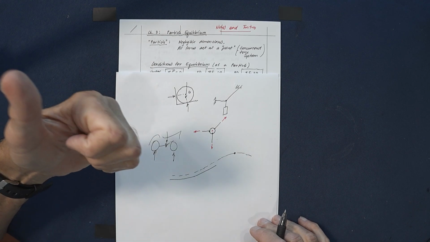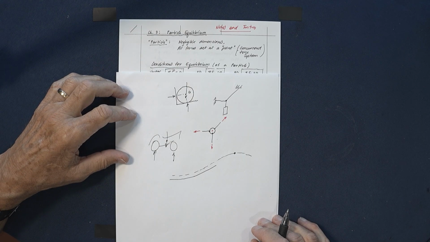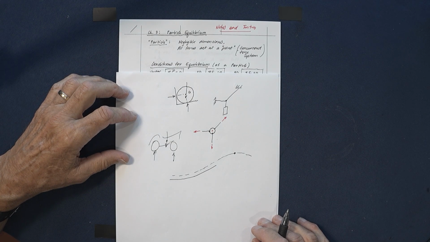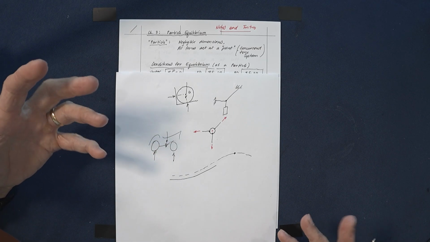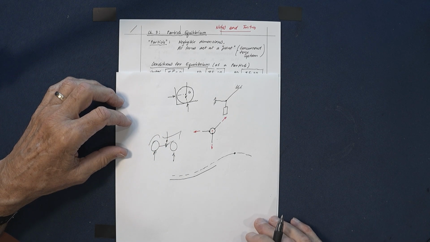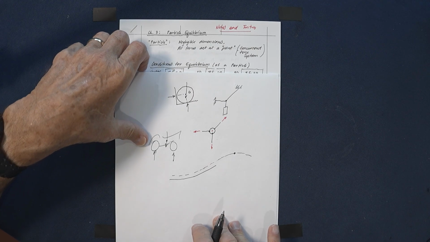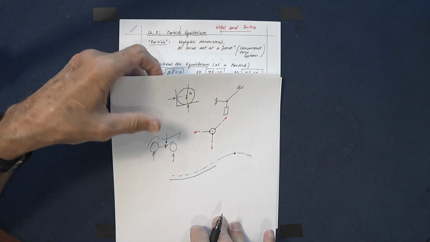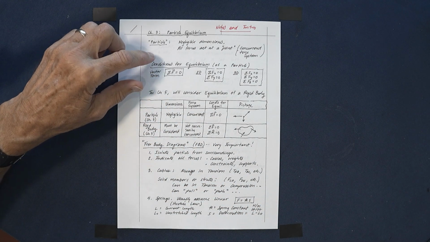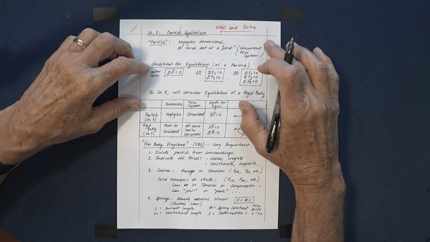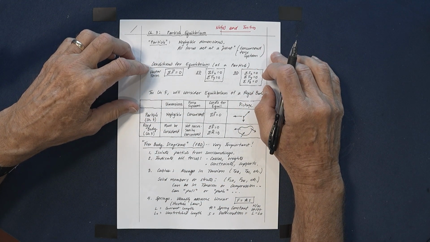And so a particle versus a rigid body are idealizations that we use in mechanics, both in statics and dynamics, when we're modeling physical systems anyway. But Chapter 3 is about particle equilibrium, or point equilibrium, where there's a concurrent force system acting.